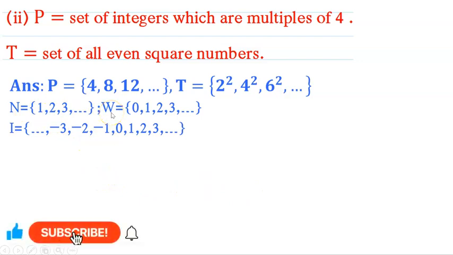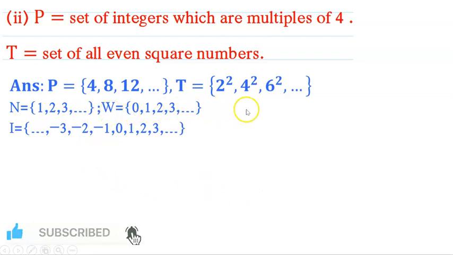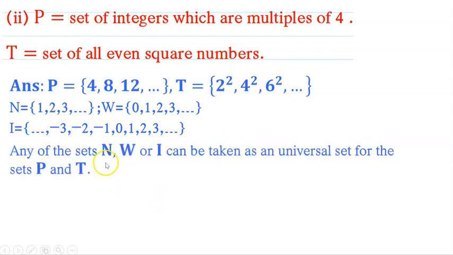W is equal to the set of whole numbers 0, 1, 2, 3 up to infinity. And I is equal to the set of integers 0, 1, 2, 3 up to infinity, minus 1, minus 2, minus 3 up to minus infinity. Okay. Any of the sets N, W or I can be taken as the universal set for P and T. Okay, हे युनिव्हर्सल सेट होणार आहे N, W और I या वरच्या सेटसाठी P आणि T सेटसाठी.